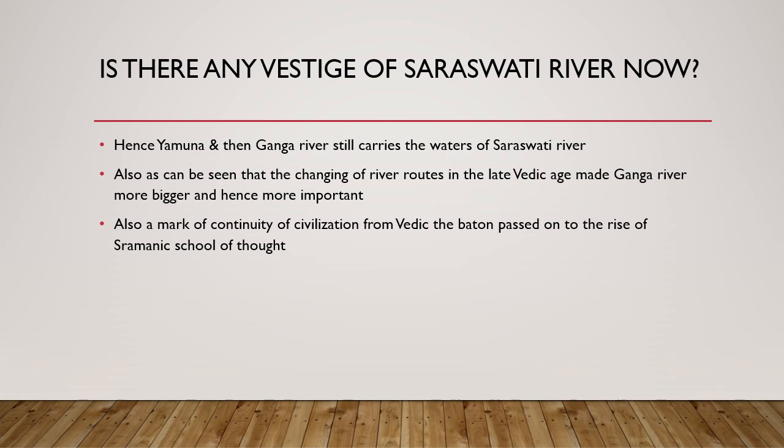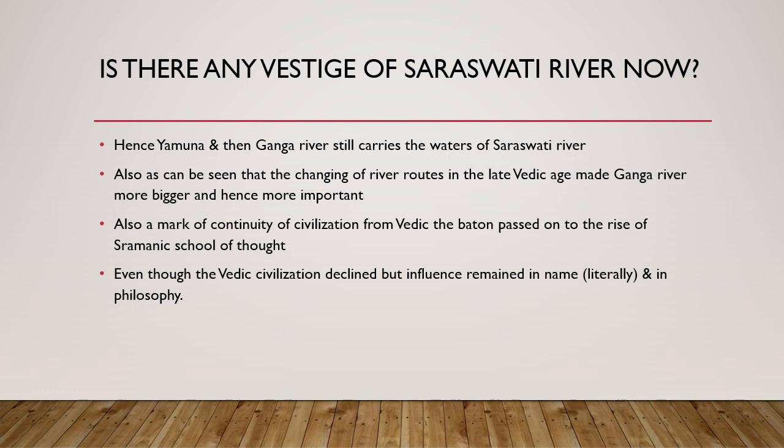Also, philosophically, if you look at it, it's kind of a continuity of civilization. So from the Vedic civilization, the baton is passed onto the Brahmanic philosophies. We saw the rise of Brahmanic philosophies post that.